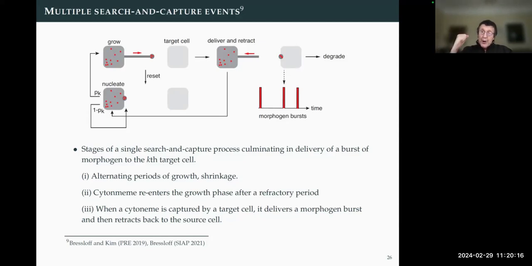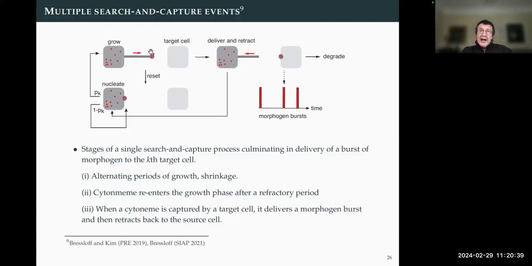And the perfect mathematical machinery for studying that issue, which at least within cell biology hasn't been studied much, is queuing theory. I'm probably not going to have time to go through all the mathematical details, but I can at least give you the conceptual framework. So let's take our stochastic resetting search process, but now repeat it.